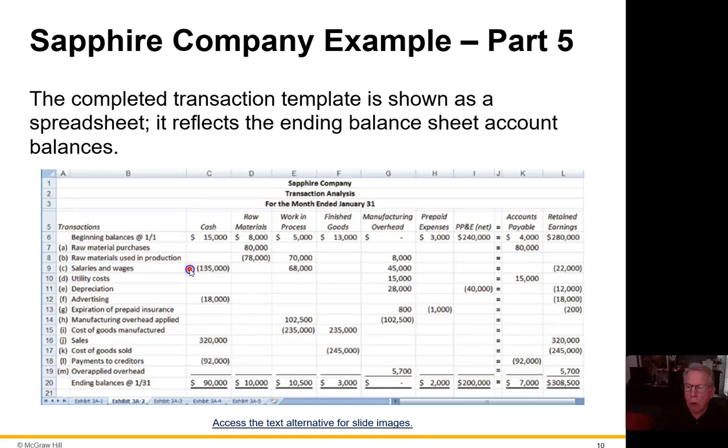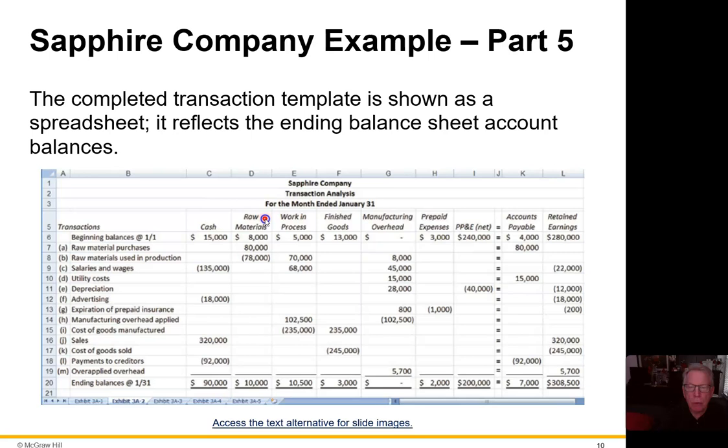Here's what we paid for our salaries and wages. We paid for advertising. For sales, we had cash in from the cash we received. And then $92,000 that we paid to our creditors. So our ending balance was $90,000. We did that for all the accounts here.